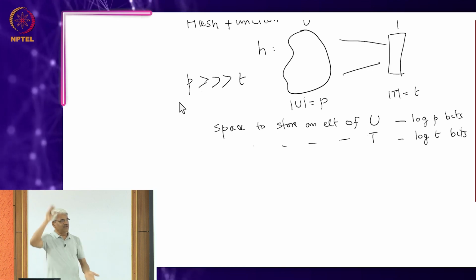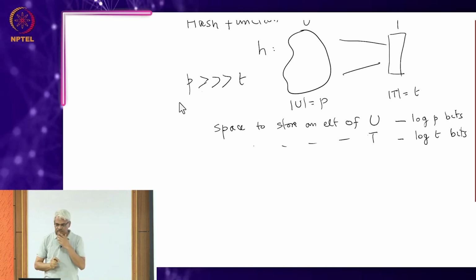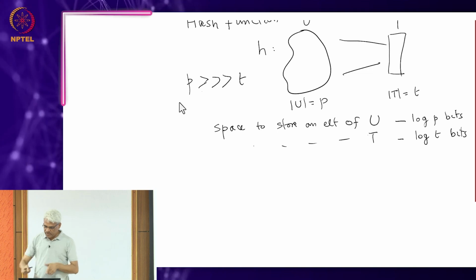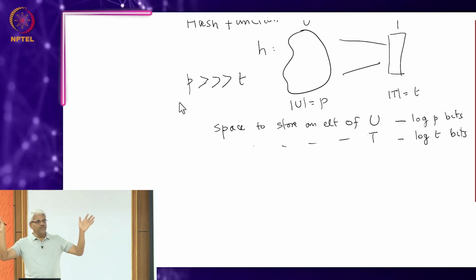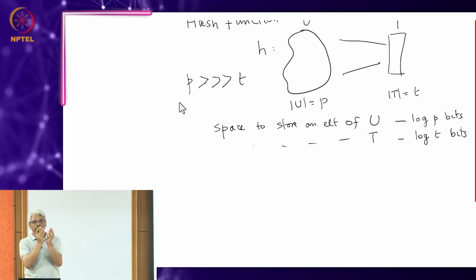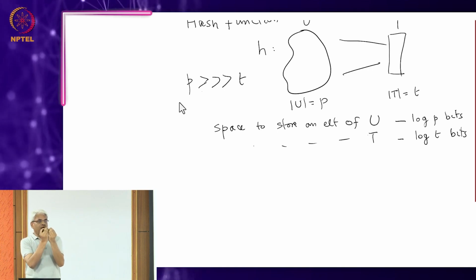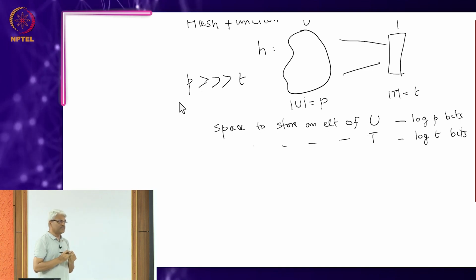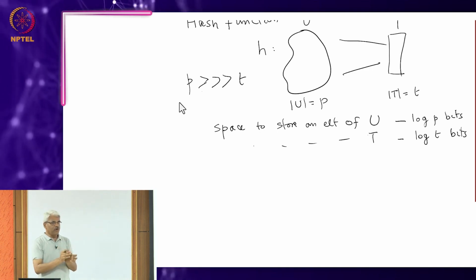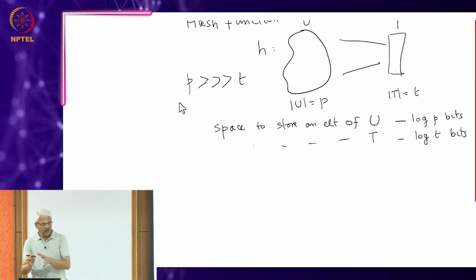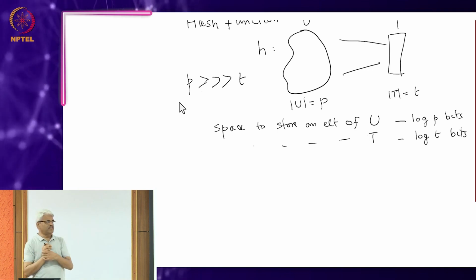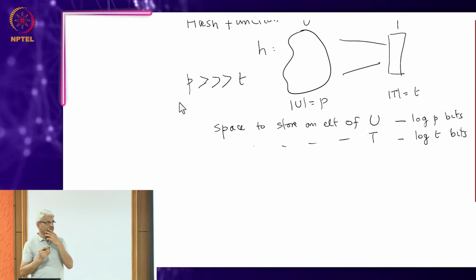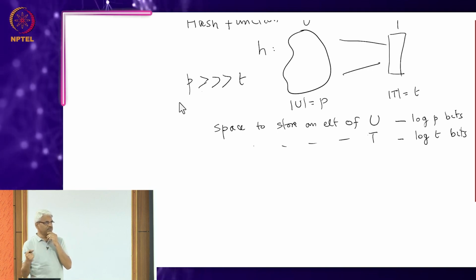So, T is like 20, whereas U can be very large. Okay. So, it makes a big difference between log P and log T. So, if in the stream of elements I want to store some information about every element, instead of using log P bits, if I somehow do some mapping and store, instead of x, I store h of x, I will use only log T bits. So, that is a big advantage. Okay, that is the way we will use it.